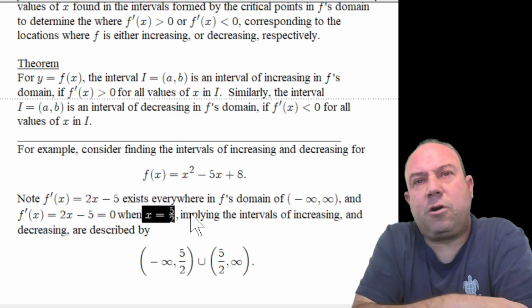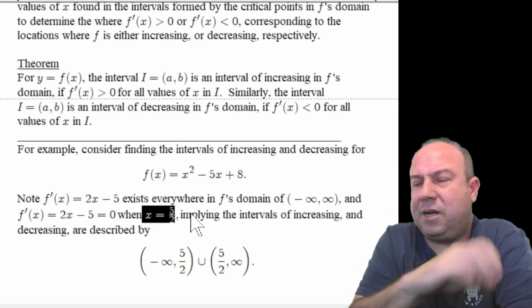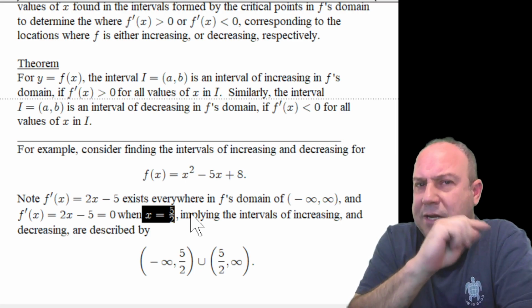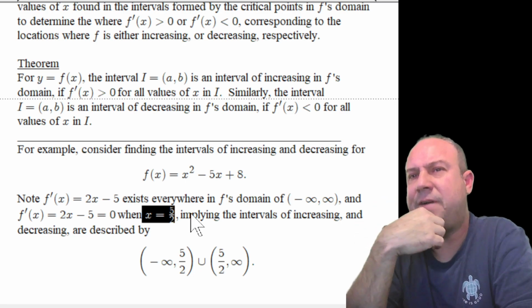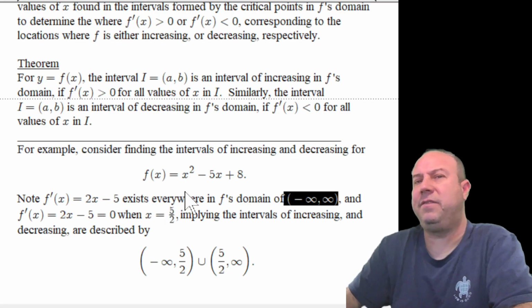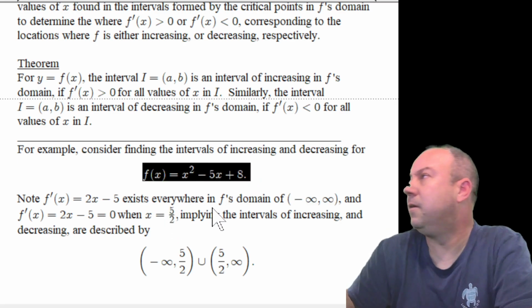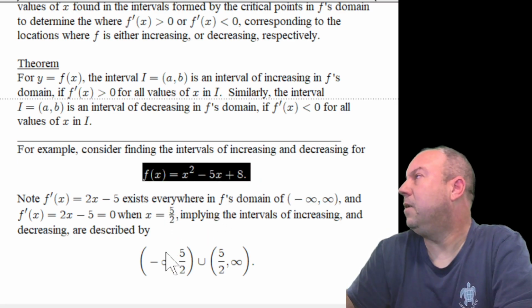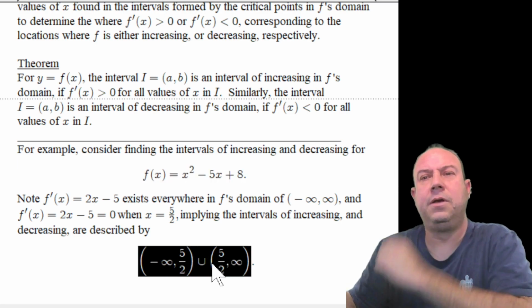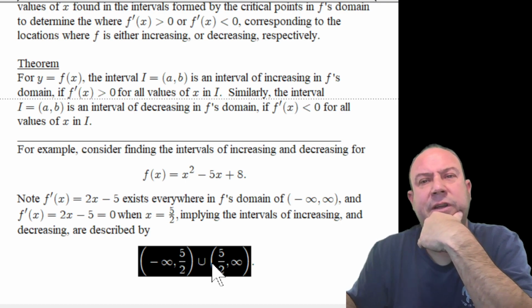There are no critical points because it doesn't not exist anywhere. It exists everywhere. So the only critical point is when the first derivative equals 0, and that's at 5 halves. So over that domain from negative to positive infinity for this quadratic, 5 halves has the potential of subdividing that interval into intervals of decreasing and increasing behavior.